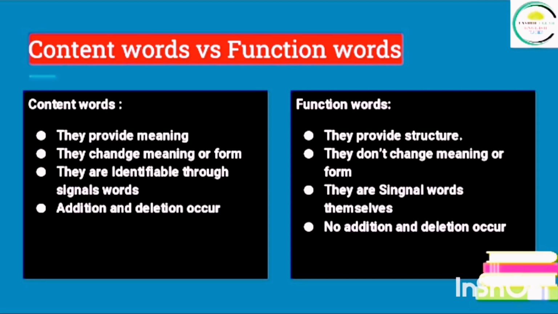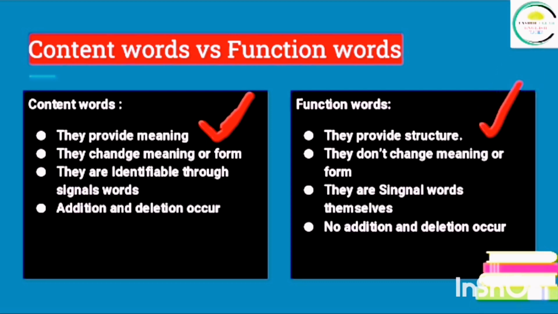So there are some differences between content words and functional words through which we can differentiate content words from functional words. The first difference is content words provide meaning in a sentence, and functional words provide structure for the content words in which content words may fit.